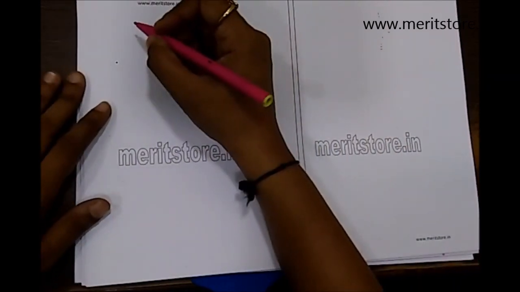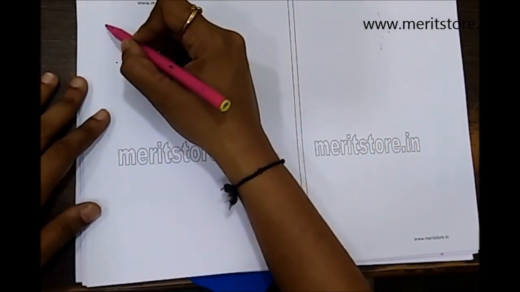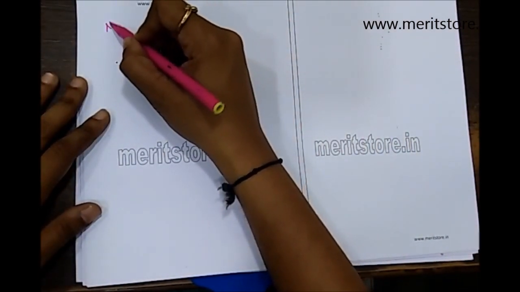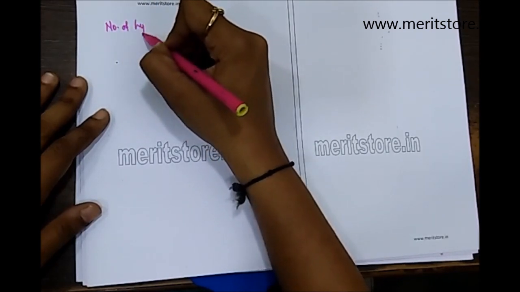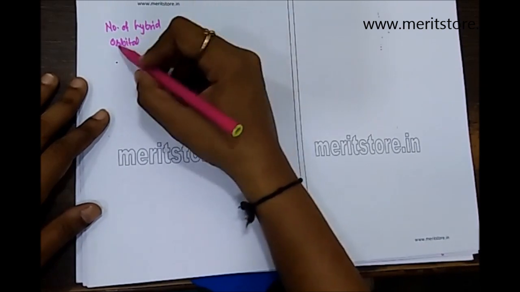So in that case, when an MCQ comes related to finding the geometry of the molecule or finding the hybridization of the molecule, we'll follow one simple formula. We'll first calculate the number of hybrid orbitals for the central atom in the given molecule.